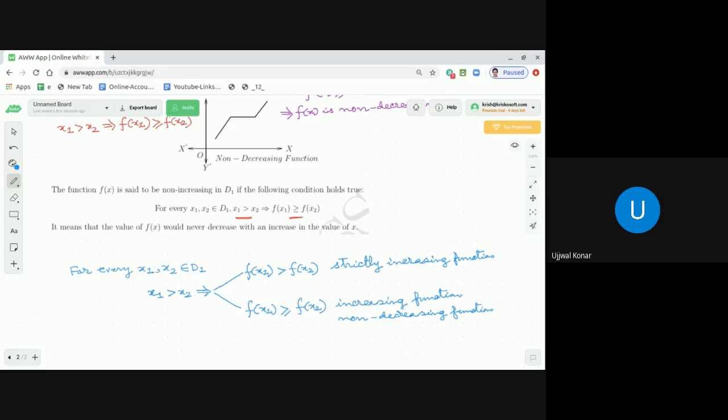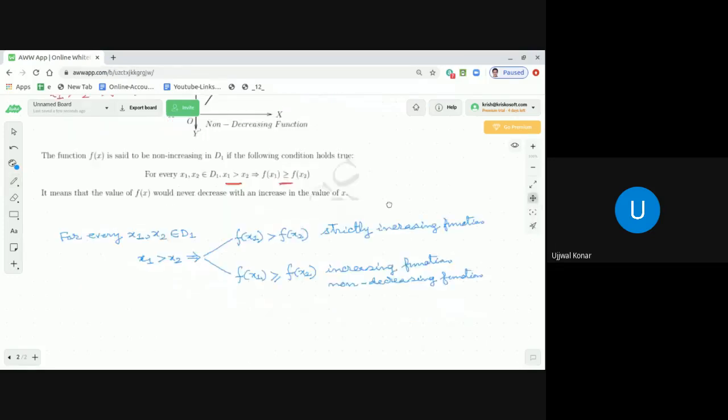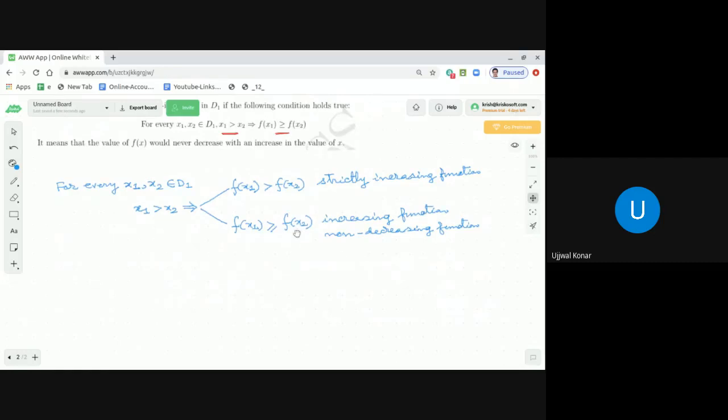But the fundamental thing you should understand, dear students, let me explain by means of a graph so that it will be very clearly understandable. Let me draw the graph first. Let me first draw the coordinate axes. Suppose this is the x-axis, and this is the y-axis.